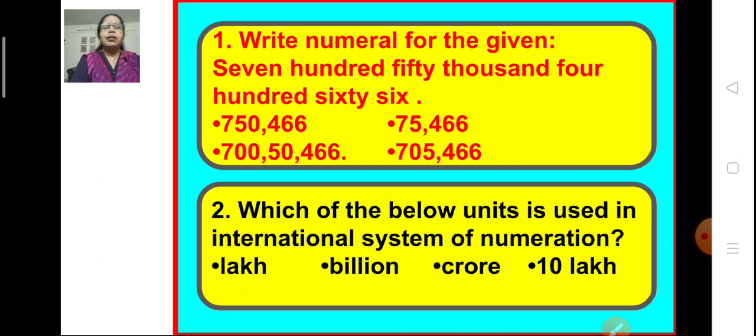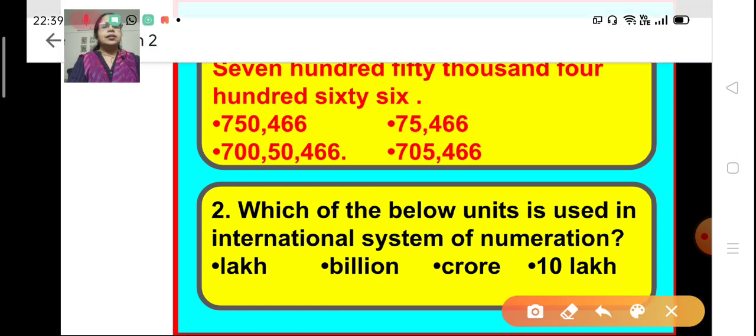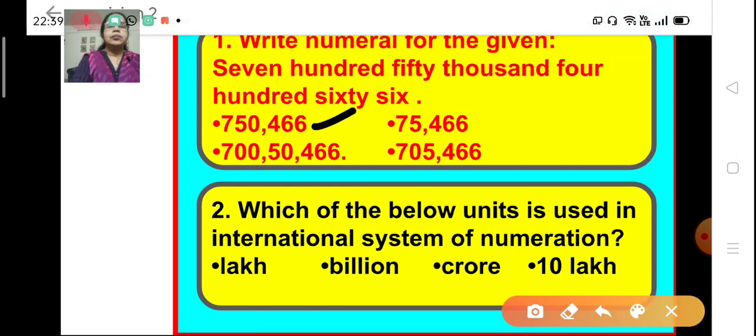Obviously it will be in the international system, isn't it? In the Indian system of numeration, 100,000s are not there, isn't it? So the correct option will be 750,466. That means the first option is the correct answer.